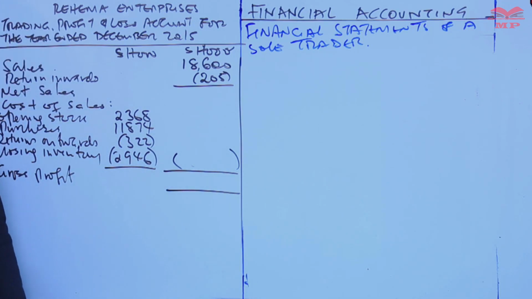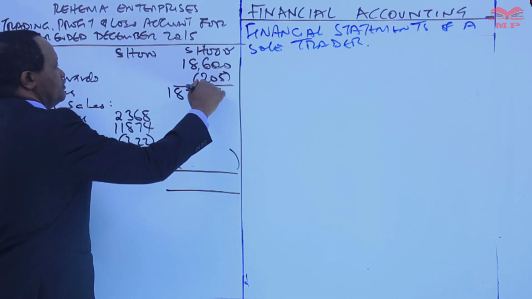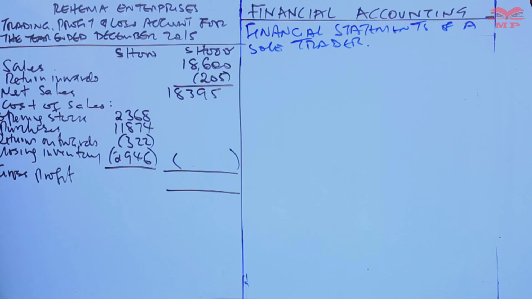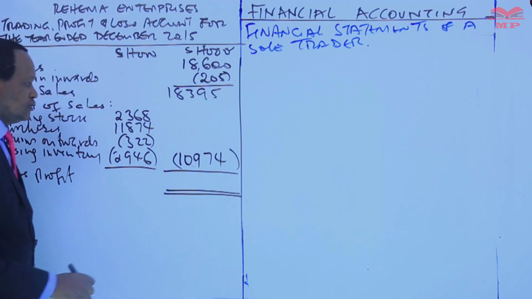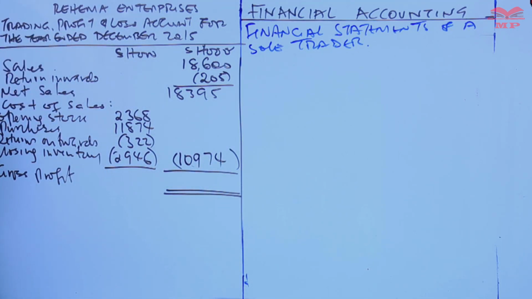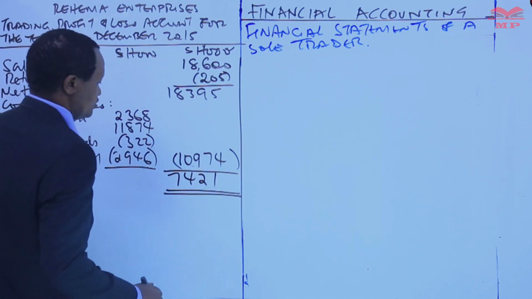So give me the net sales: 18,395. Cost of sales 109.74. How about the gross profit? 74.21.